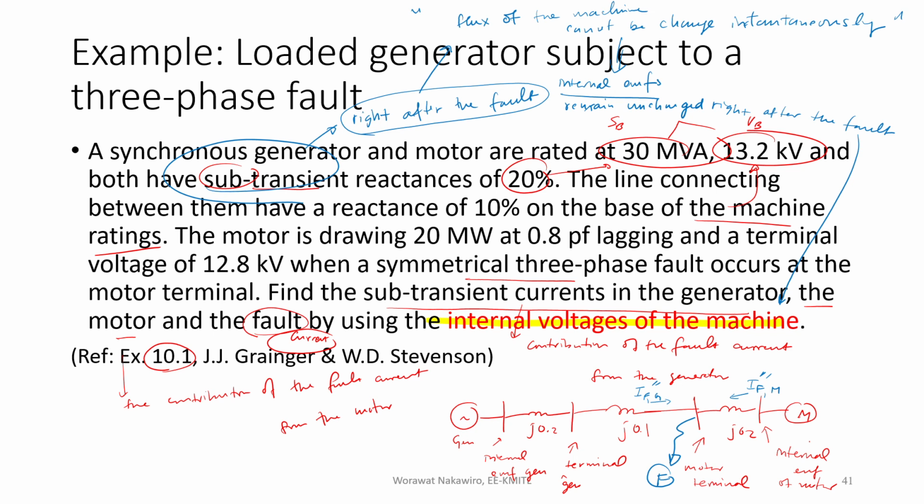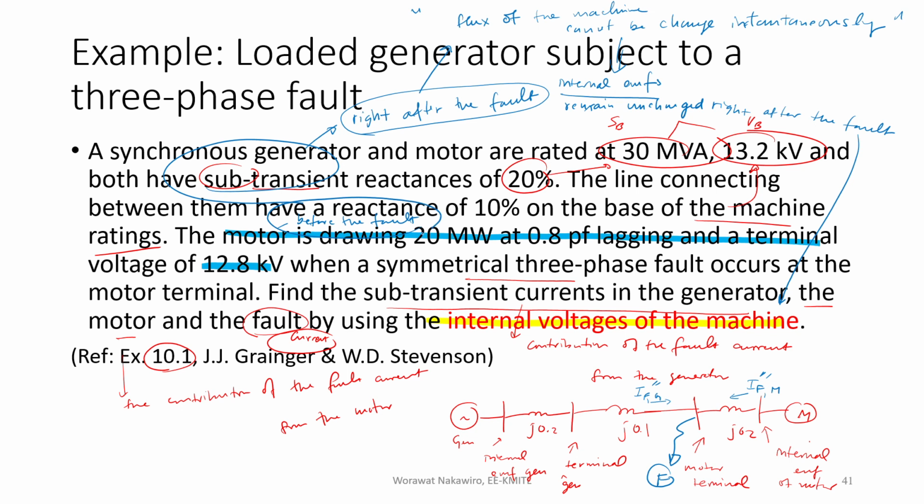So before the fault, the problem also states the operating condition before the fault. You should highlight this one. The model is drawing this power at this given power factor at this voltage level, right? This is the condition right before the fault.